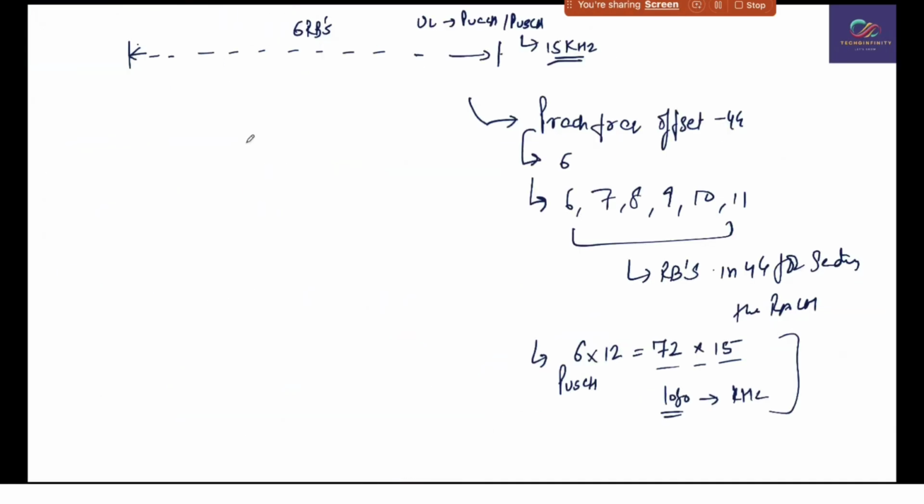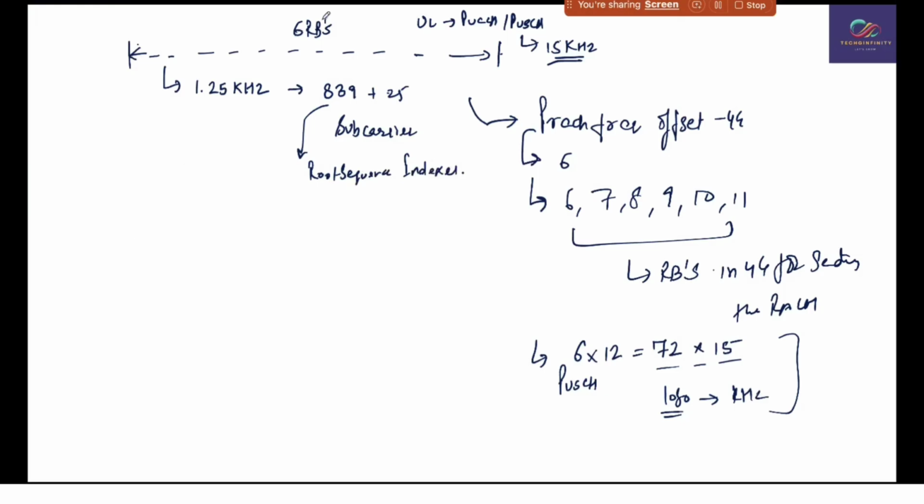For that reason, in 4G I am using a predefined 1.25 kilohertz subcarrier spacing, which gives me around 839 plus some 25, so some 864 subcarriers, in the 6 resource blocks. This 839 we call root sequence indexes.